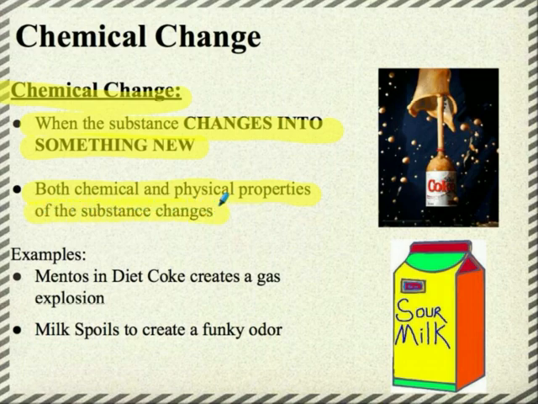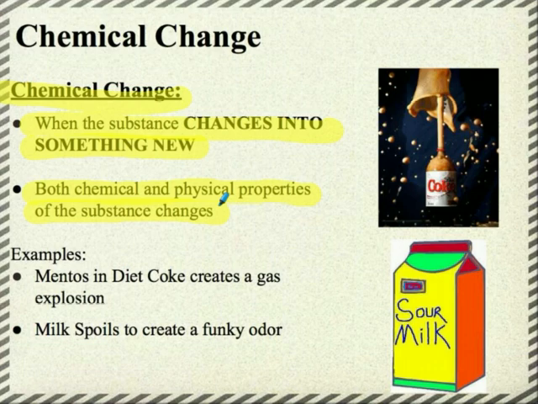So for example, let's say I had a piece of wood, right? And all of a sudden I go and I burn it. I no longer have wood. I now have ash, which is totally different than what wood is.